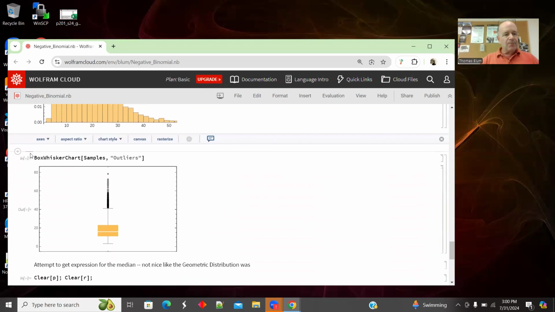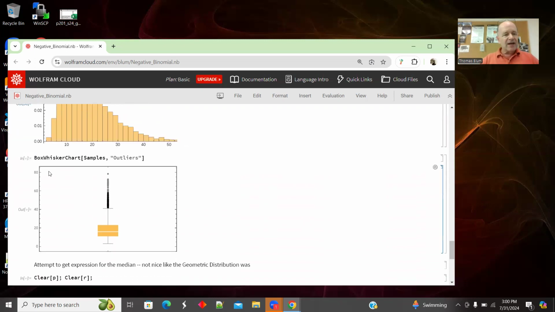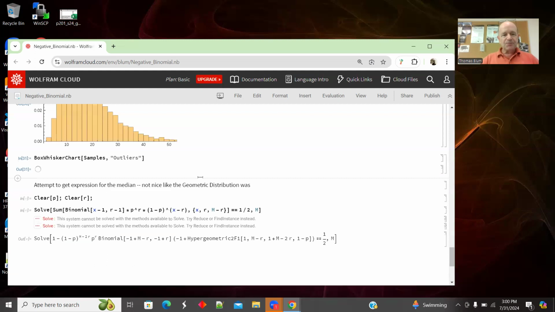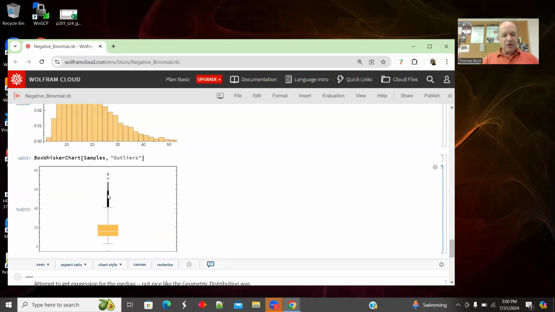And then I am going to look at a box and whiskers plot with outliers. And so here are all the outliers, and you expect a lot of outliers. Again, it's an extension of the geometric distribution.